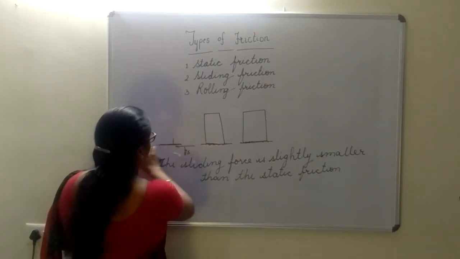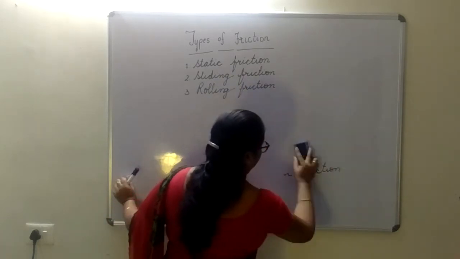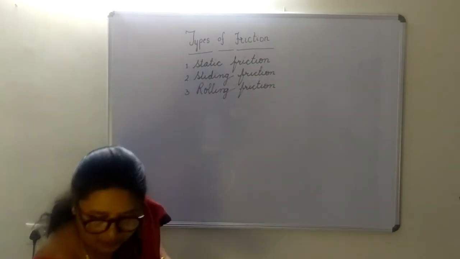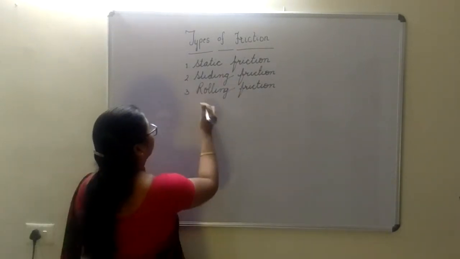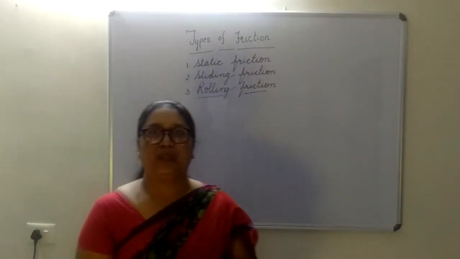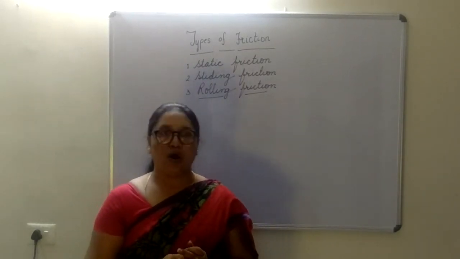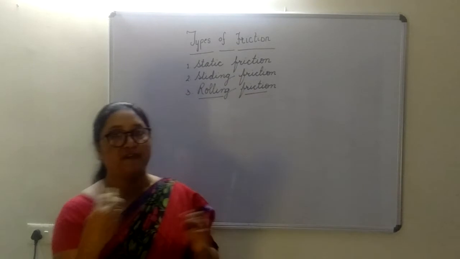Now we will see what rolling friction is. This is also a kind of friction. It is the force that resists the relative motion when an object rolls over the surface of another.